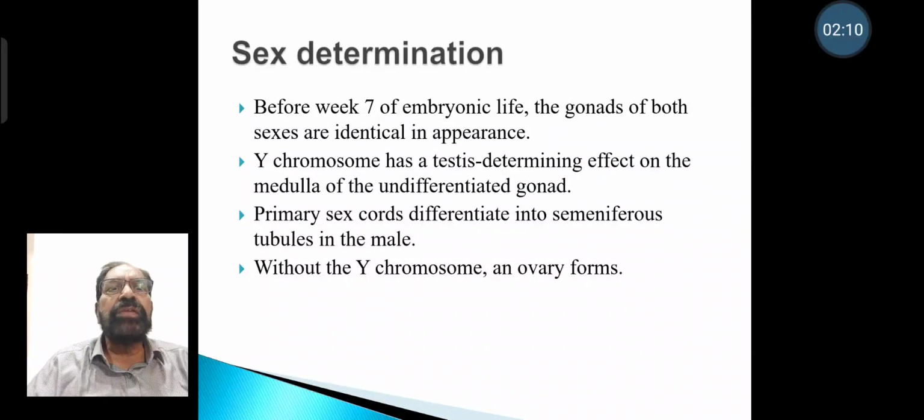Before week 7 of embryonic life, the gonads of both sexes are identical in appearance. Y chromosome has the testis determining effect on the medulla of the undifferentiated gonad. Primary sex cords differentiate into seminiferous tubules in the male. Without Y chromosome, an ovary forms.